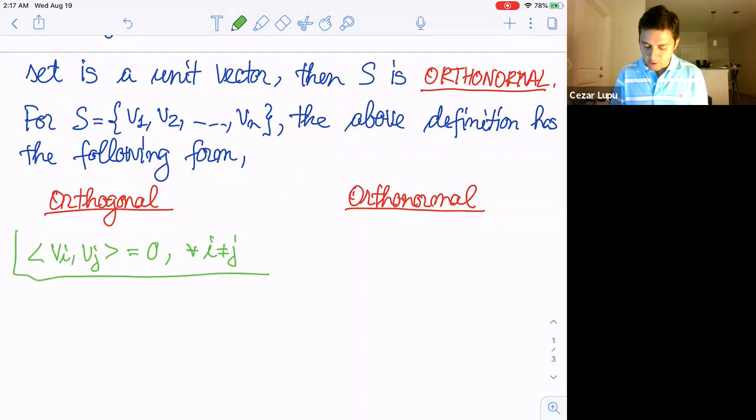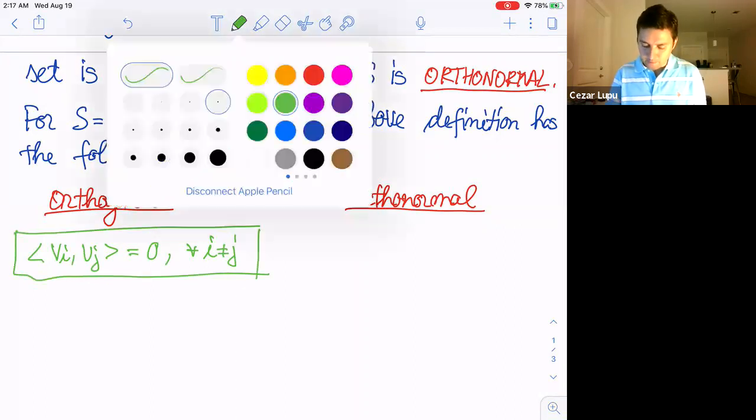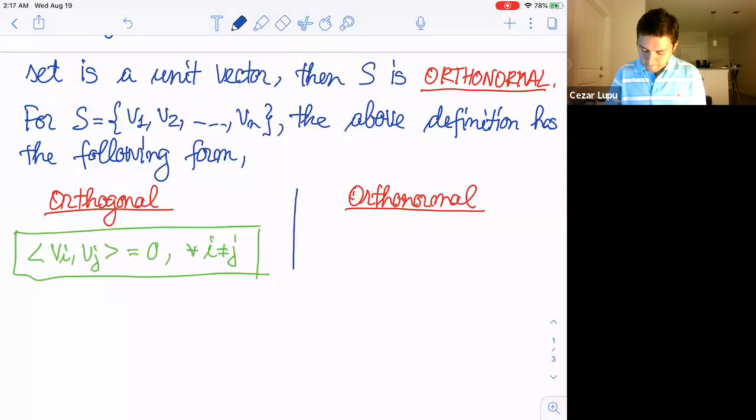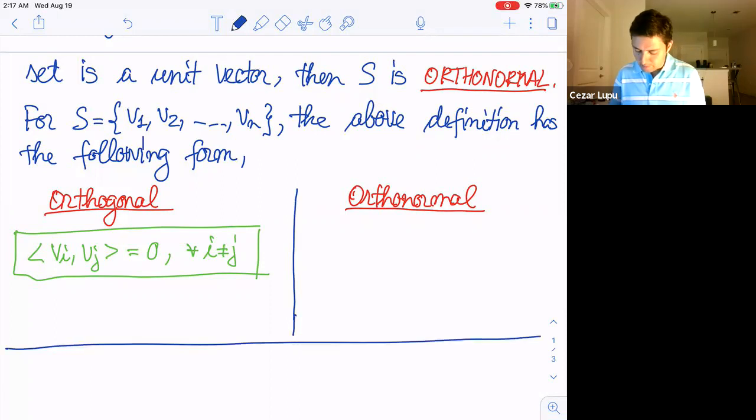That's the condition for orthogonality. And orthonormal means the following, two conditions.